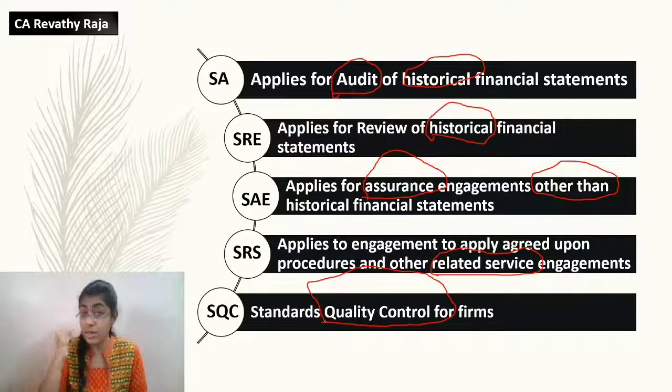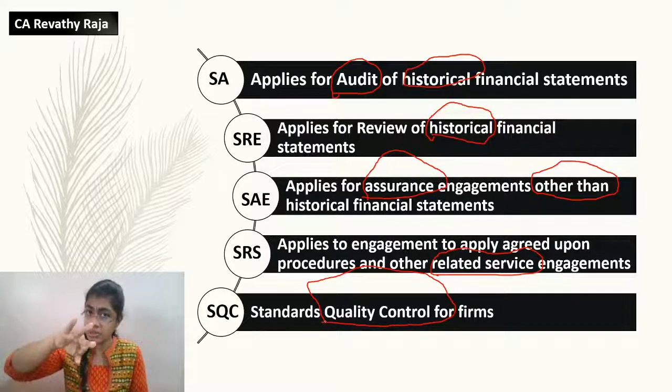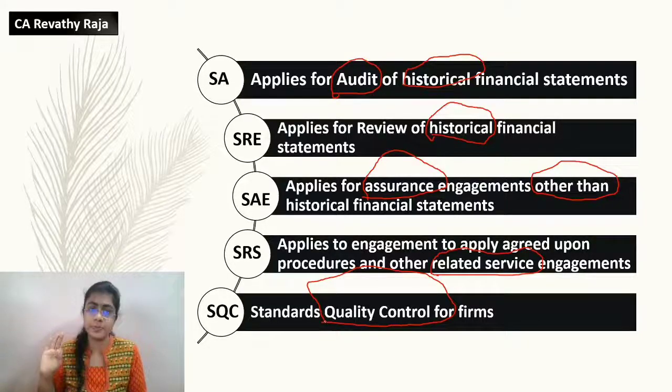SRS, fourth one, related services, no kind of assurance, some related services to financial information. And finally, the fifth one, SQC. It is quality control for the firm as a whole, not an engagement. Clear?